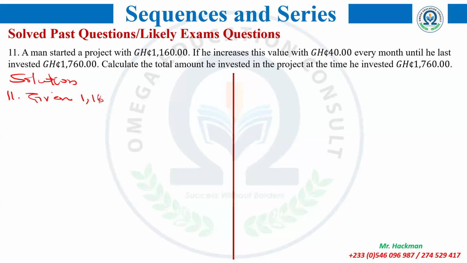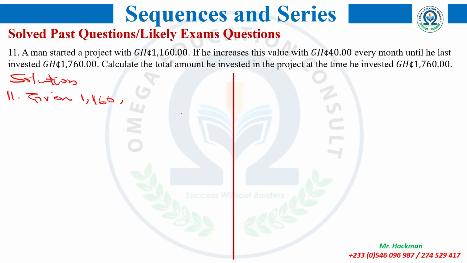Am I right? I am breaking the question down for you to appreciate. We are told that he increases the investment by 40 Ghana cedis every month. So if this is the first month's investment, the second investment will be this value plus 40, am I right?